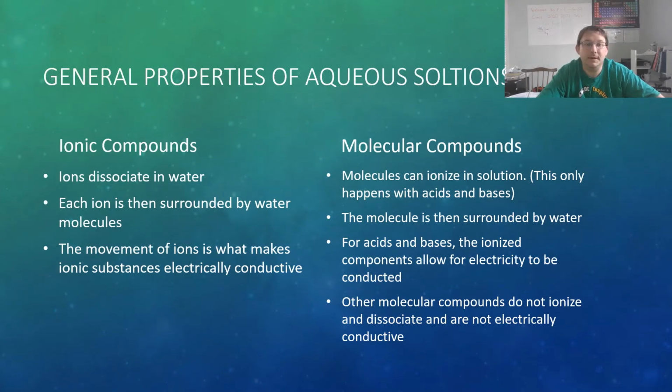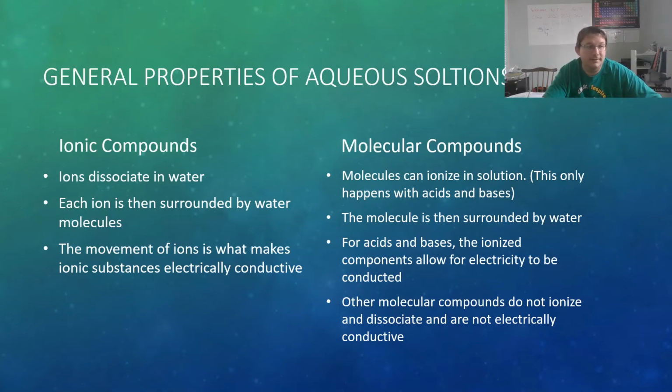All right, so when ionic compounds dissolve, they're going to produce ions in water. So these ionic compounds, when I say salts, that's what we mean by ionic compounds. Think about those as being analogous. So each ion in that ionic compound, as it's dissolved, is going to be surrounded by water molecules like we learned about in the previous unit. Now, the movement of those ions is what is conducting that electric current.